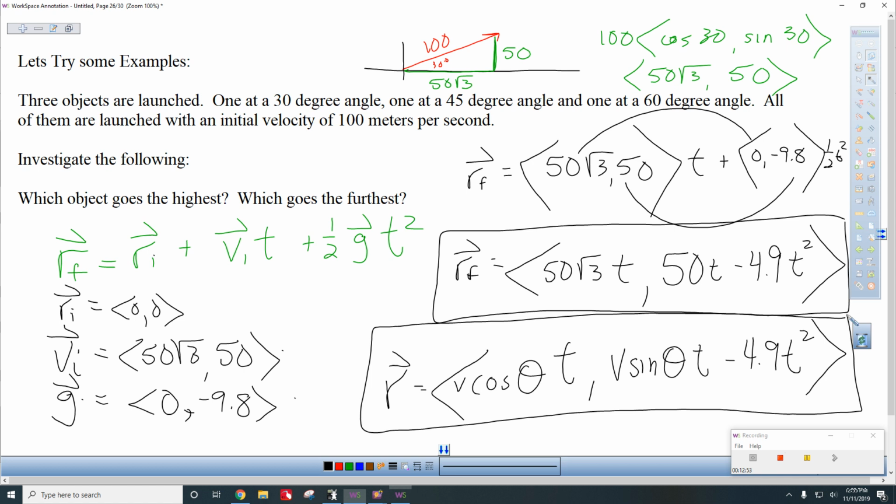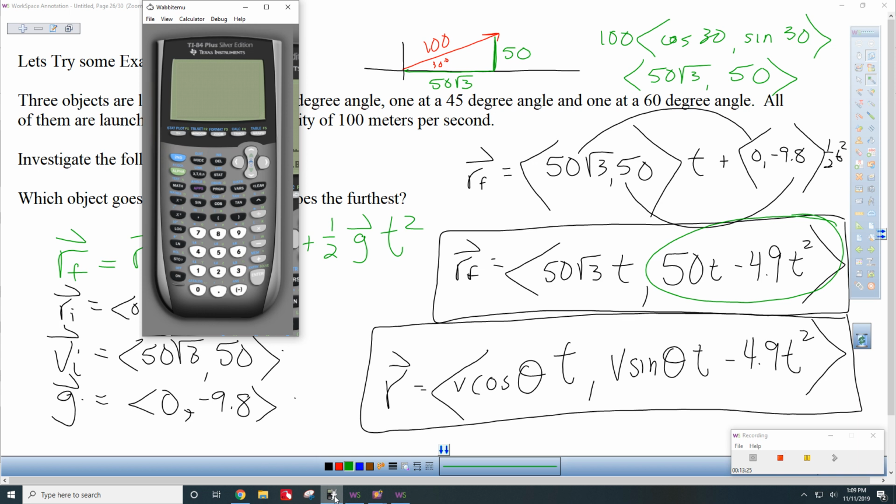Alright, so now that I've established this stuff, if I want to know which one goes the highest, then I should probably just look at the y component of this function. So if I put that y component into my graphing calculator, let me clear these.